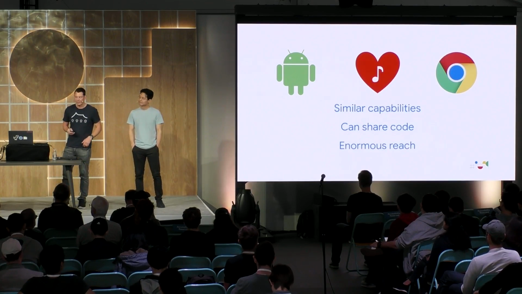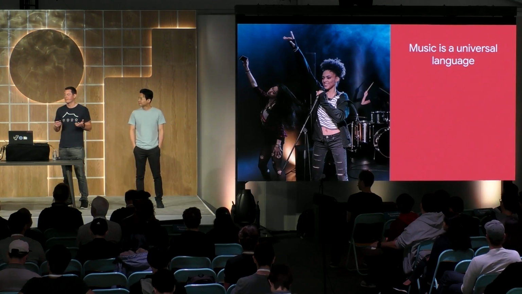Yeah, so I just wanted to make one final point, which is I think it's very important to remember that music is a universal language. And it's something that's understood by everyone, regardless of where you are in the world, your cultural background, or economic status. And it can be a powerful force for good, for people to communicate.